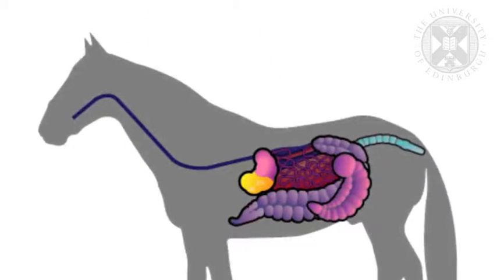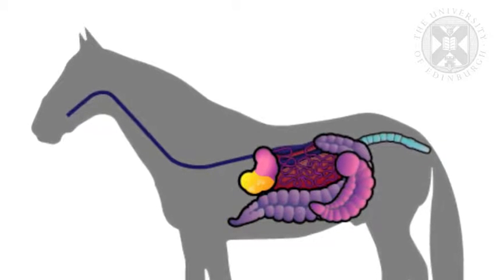It relies on enzymatic digestion in the foregut, which is the stomach and small intestine, but the horse also relies very much on fibre degradation in the large intestinal environment. The gastrointestinal tract of the horse begins at the lips and ends at the anus.